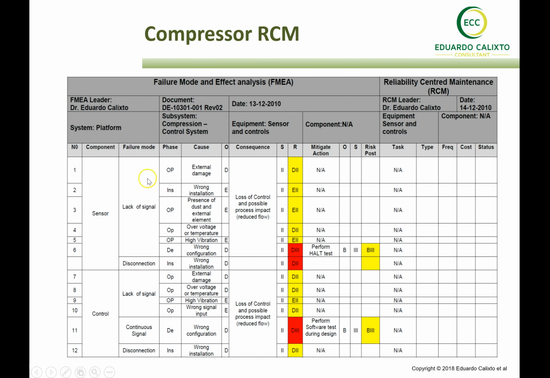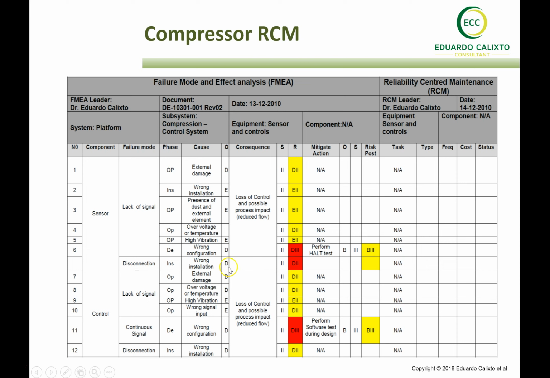We can see, for example, that lack of signal can be triggered by wrong configuration of the system. It is a design issue. So during the design, we perform some accelerated tests to be sure that this lack of signal will not be triggered by the wrong configuration.